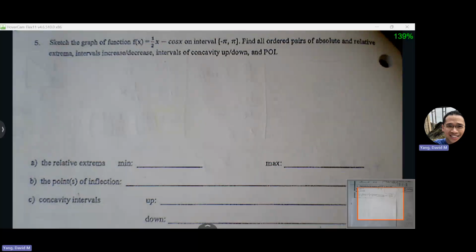All right, let's do another full curve sketching problem. Okay, so start the process here. Find f prime. Set f prime equal to 0. Find your critical points.